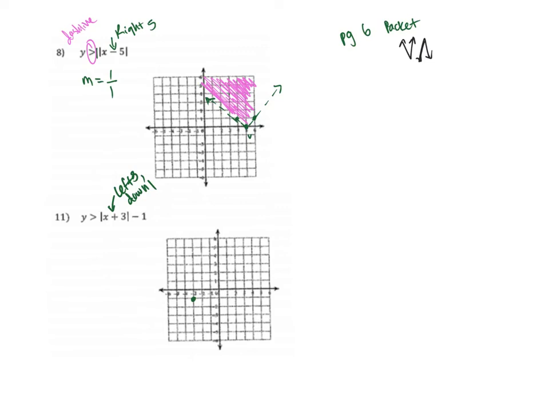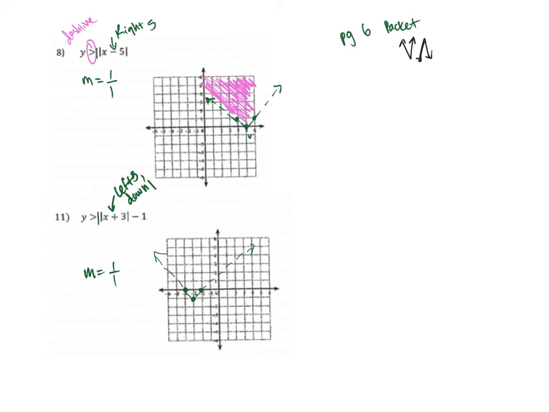So that's my vertex. And then I have to use my slope. So my slope here is 1 over 1, right? So if I'm doing 1 over 1, I have to go up 1 over 1. There I am now. And this time I still need a dash line. So I'm going to make a dash line here. And then I need my other points, so I go up 1 over 1 and make a dash line.